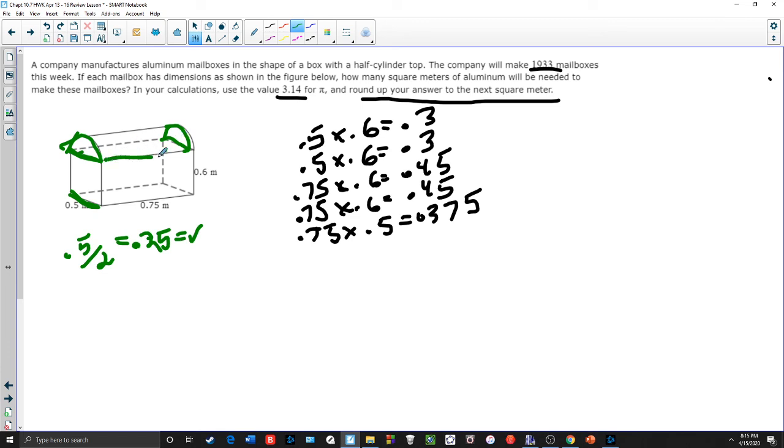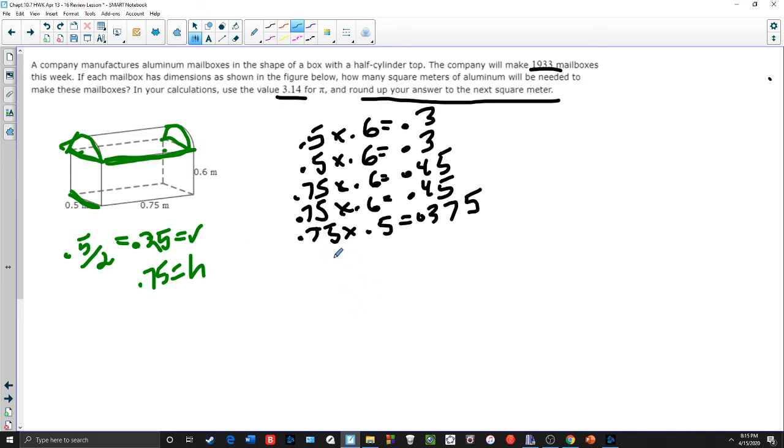Well, that would be this line right here, or the dotted line across from it. We know this one right here is 0.75, so this top line also has to be 0.75. So 0.75 is my height, because that's the line that connects the two half circles.